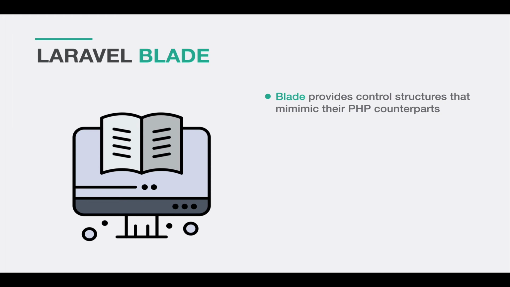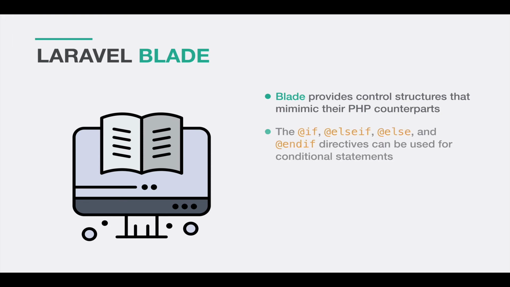Now, Blade also has directives for handling control structures. Okay, so this is your if statements and your for loops and that type of stuff. Okay, so we have the directives for if statements. All directives start with the @ symbol. So we have @if, @elseif, @else, @endif.